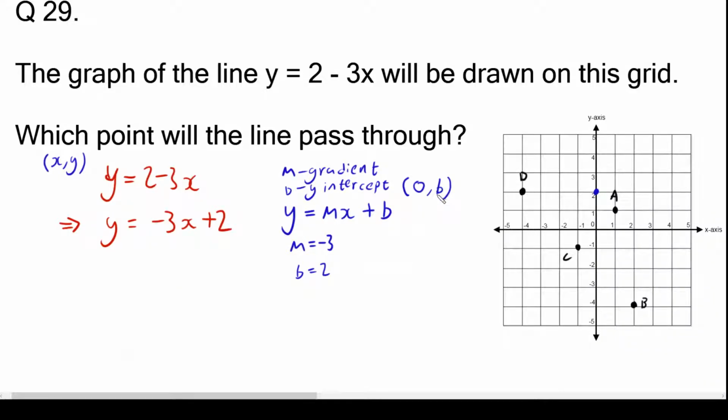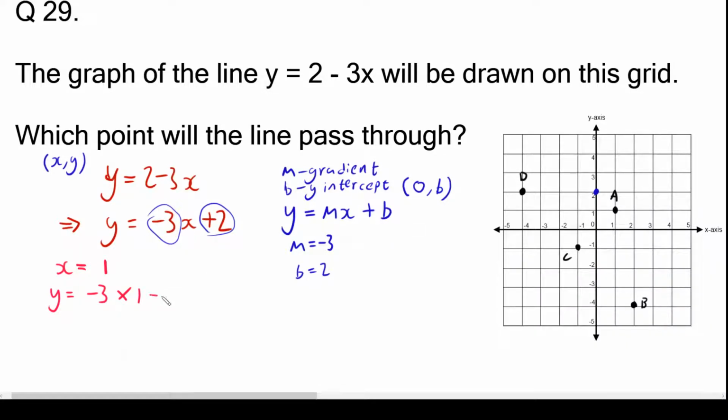So when x is 0, it's the y-intercept, and in this case it's 2 because we've got a 2 there. And the gradient is negative 3 because we have a negative 3 here. Now let's look at when x equals 1. y is going to equal negative 3 times 1 plus 2, because we substitute in 1 for the x.